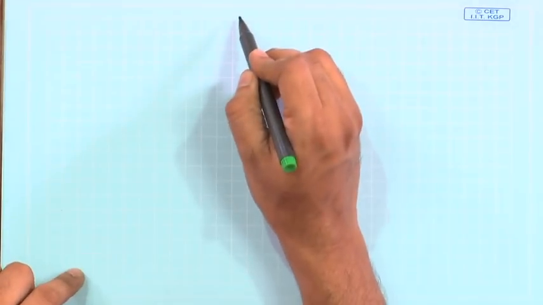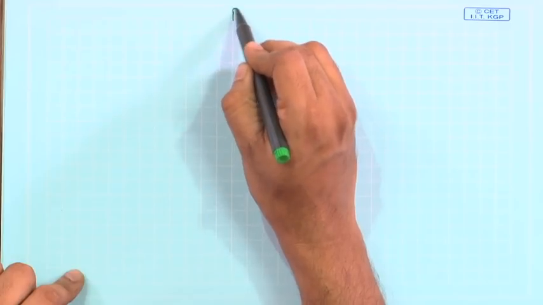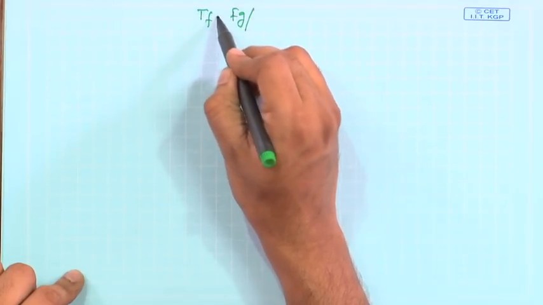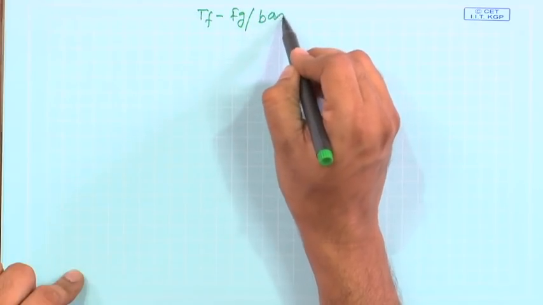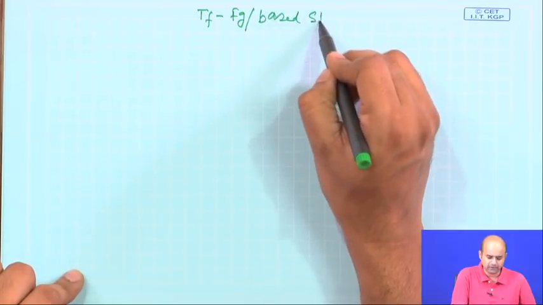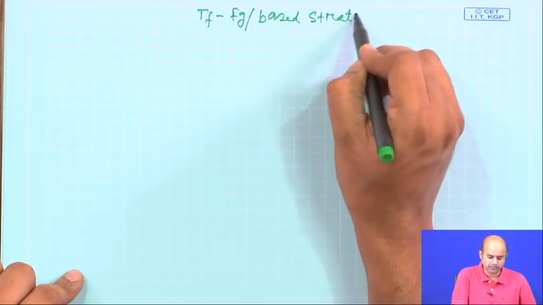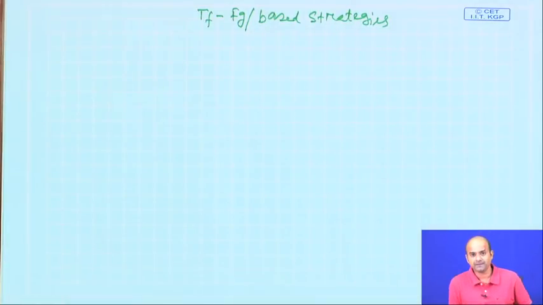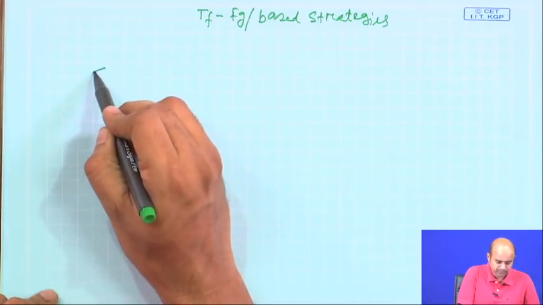So, next we will try to figure out a combination of a functional group based strategy as well as a transformation based strategy. We said the strategies are overlapping, so we will be trying to discuss it with as many examples as we can.